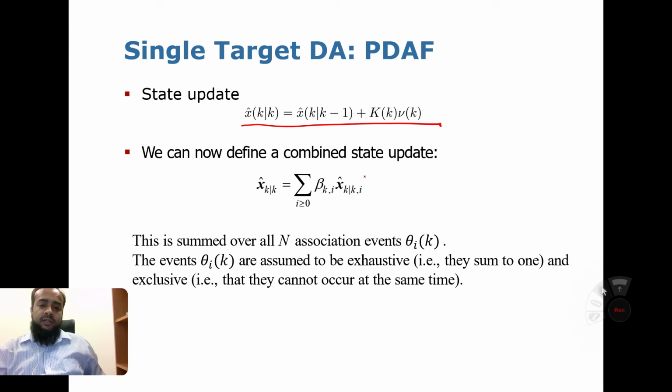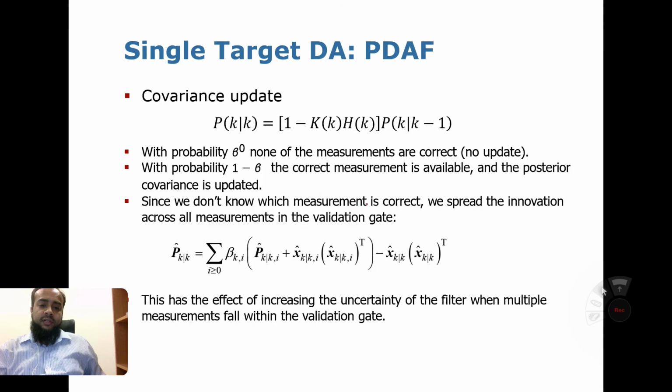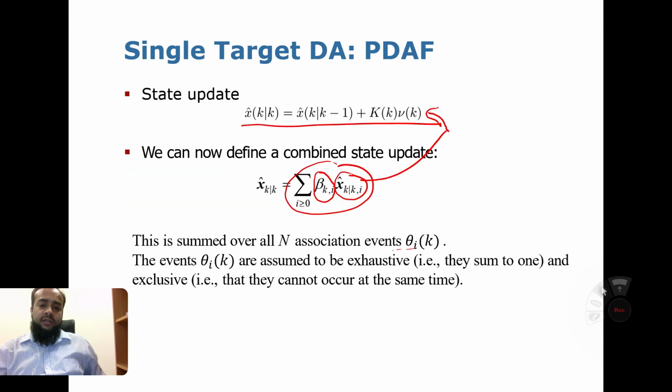The combined state update means summing over all association events, that is the selected measurements, and we use the beta association to sum up all state estimations, and this is the result. Here i is the index of the state estimation, because this is not a single state.